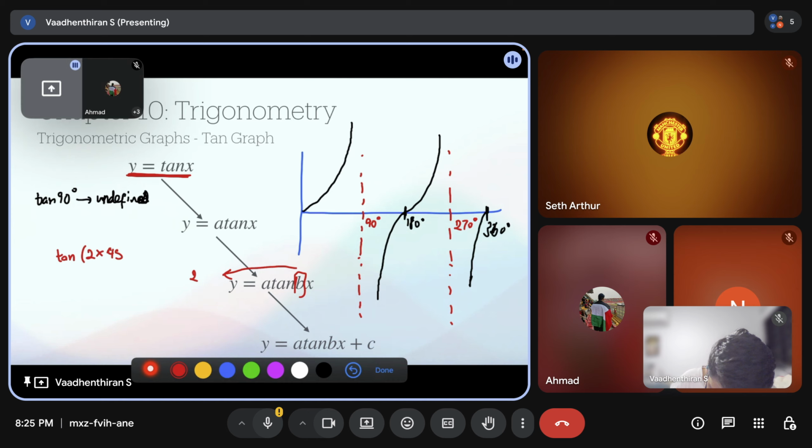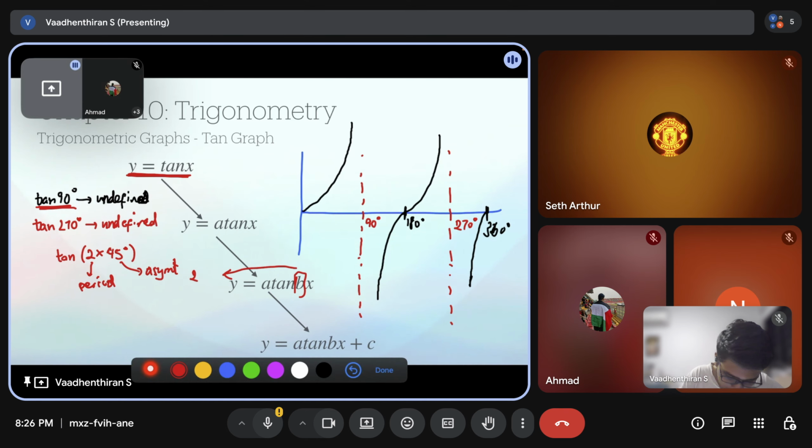So you need to make 90 degrees to get that asymptote. So this 2 is the period, and this 45 will be the asymptote in this case. But it's not always. For you, just remember that wherever tan 90 is coming, that will be the asymptote of that point. Tan 90 and 270 also give you an undefined value. So that's why that's an asymptote.